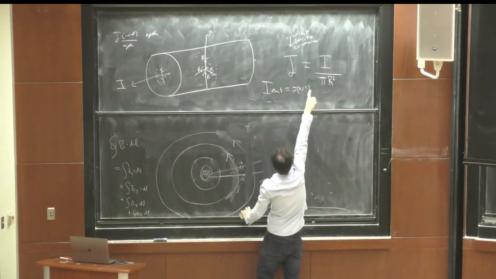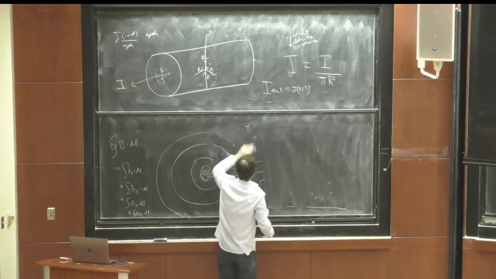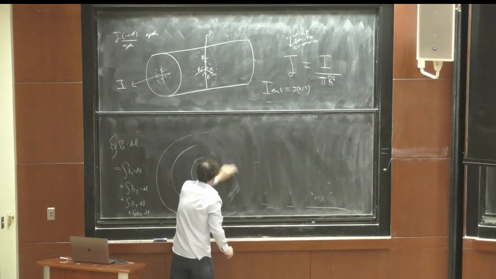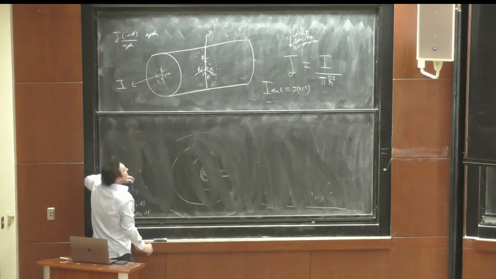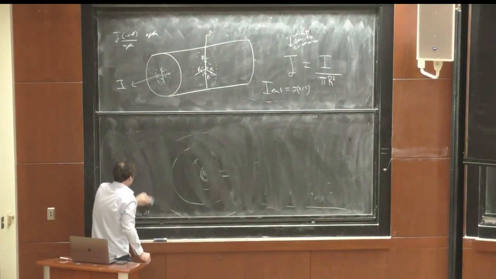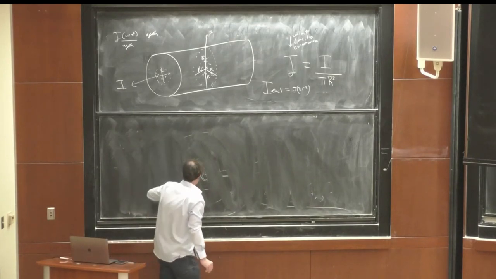That whole expression for J can come right here and take its place. And then I have something very useful, because it sets me up to do Ampere's law precisely for this kind of a problem.